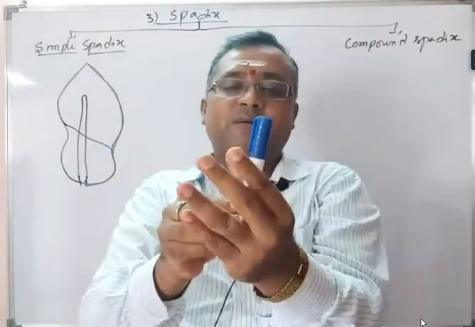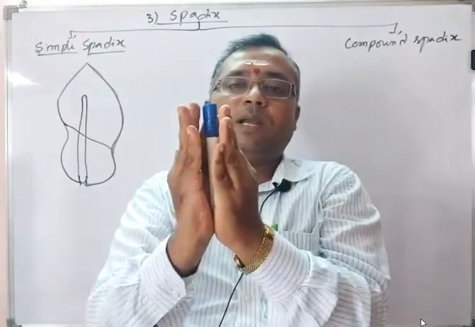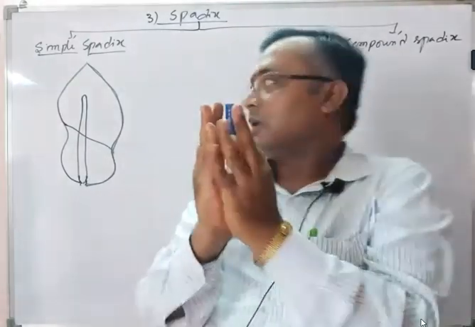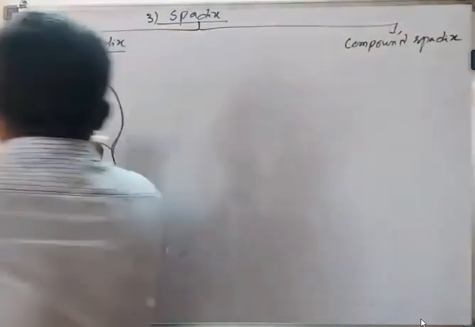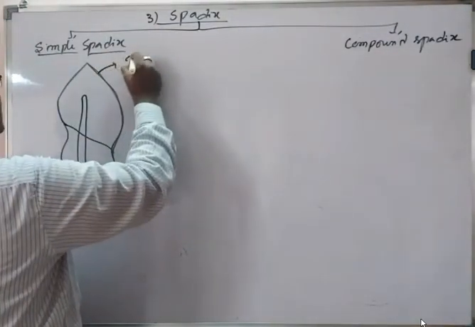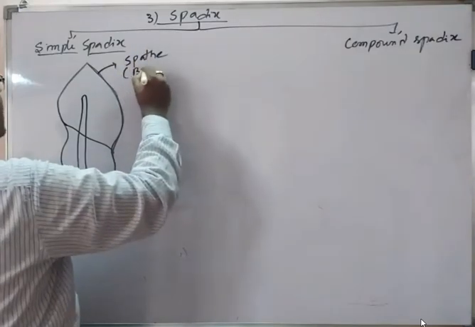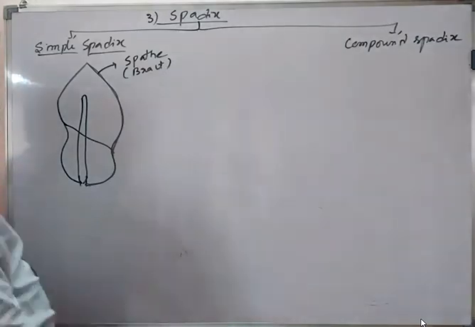This bract covers the whole peduncle like this. This bract that covers the whole peduncle is called spathe, S-P-A-T-H-E. It is actually a modified bract.